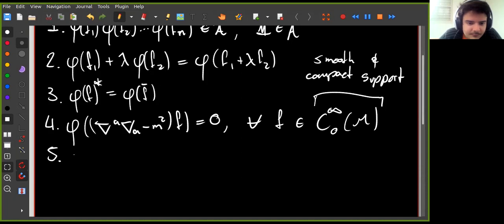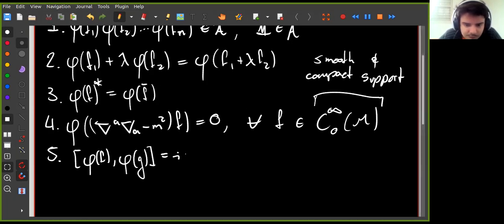And 5, it is the commutation relation between the fields: phi of f, phi of g equals I E(f, g) times the identity.